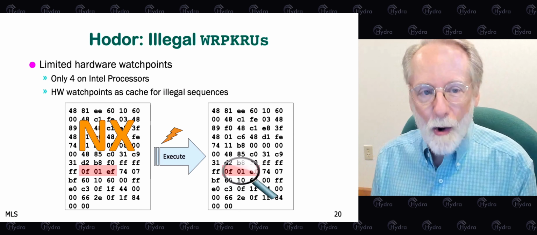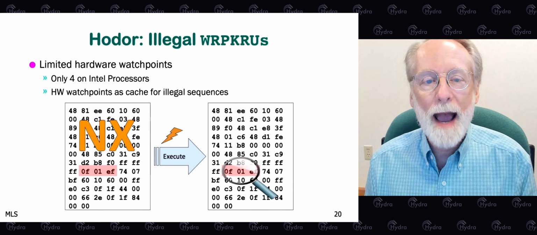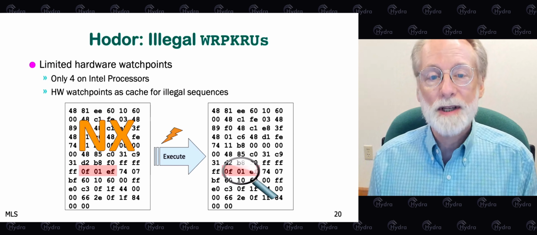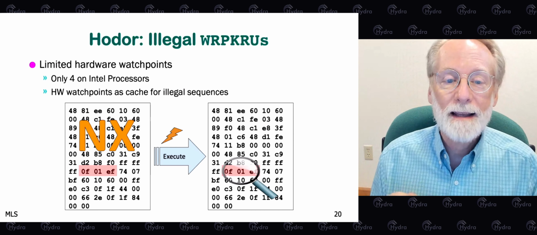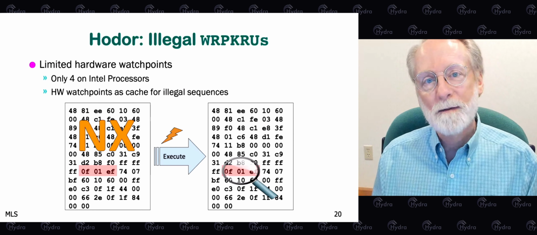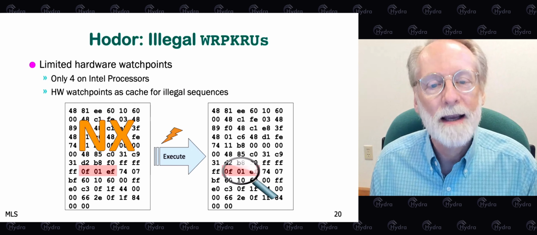Unfortunately, there are only 4 breakpoint registers. And if we run out of breakpoint registers for a particular application, we have to start multiplexing them. That is possible. Fortunately, it's almost never required, as I'll show on a subsequent slide.